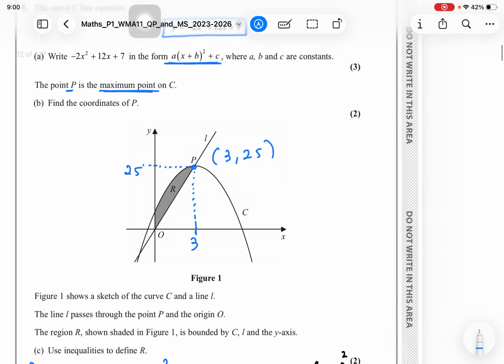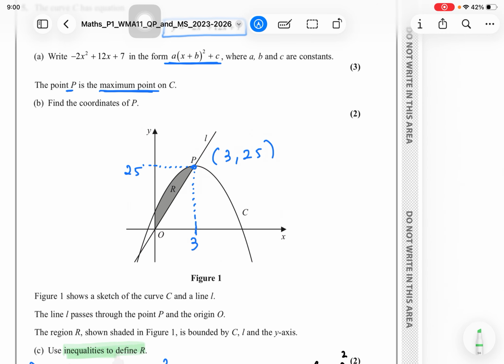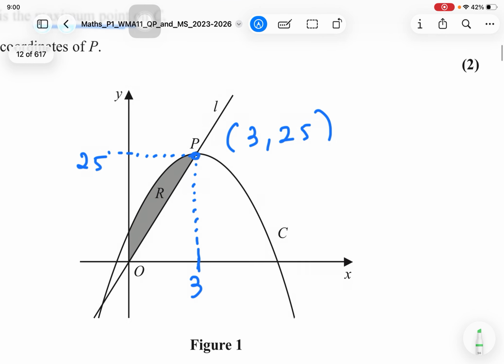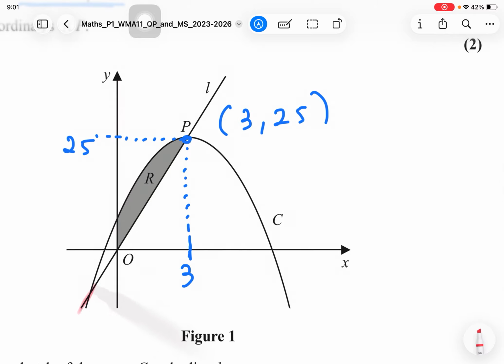Now they're asking, this figure is there, find the inequalities to define region R. Now what we have to do is to define the region R. If we check the region R in a more focused manner, we can see it's bounded by multiple lines. One line is this straight line.